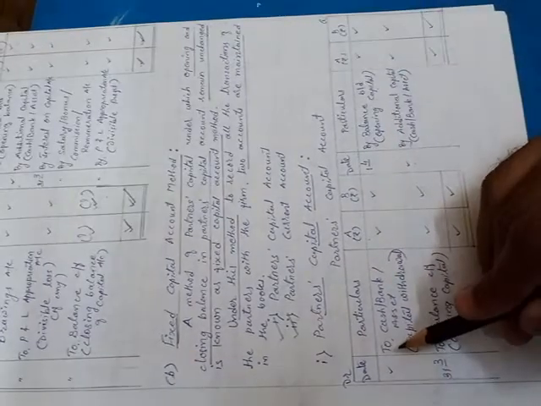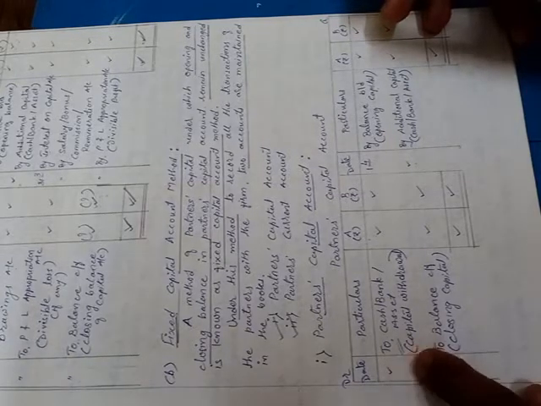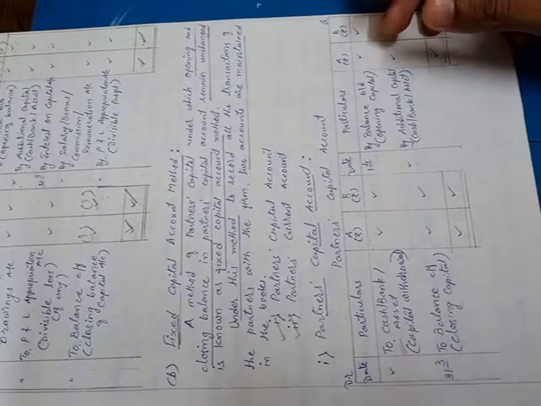Similarly, this is another transaction, regarding the withdrawal of capital. Withdrawal of capital is not called drawings. Drawings is a regular withdrawal by the partner, but withdrawal of capital means that out of the capital the partner has permanently withdrawn some capital from the business.